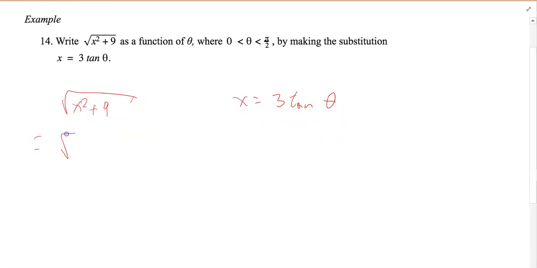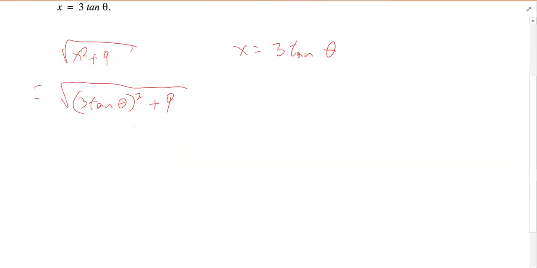So x squared will be 3 tan theta, squared, and plus 9. Let's continue working the algebra here. This becomes radical of 9, since 3 squared is 9, tan squared theta plus 9.